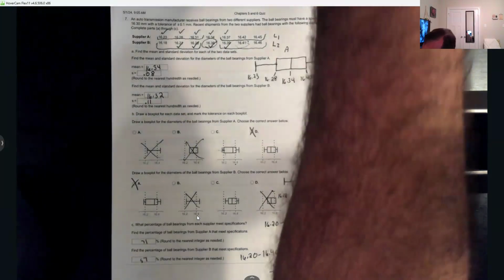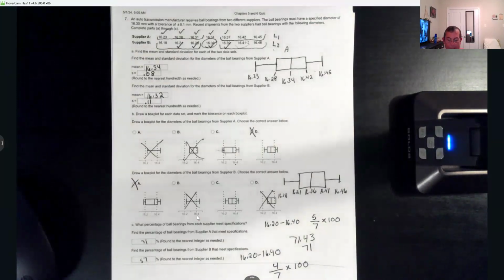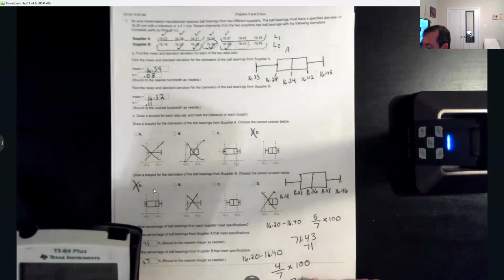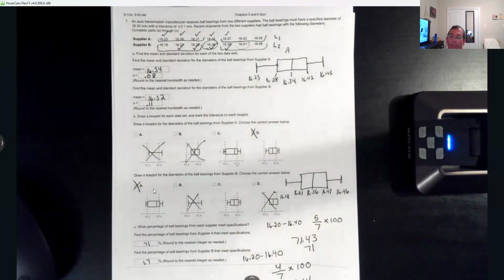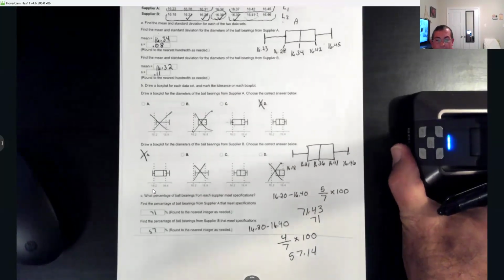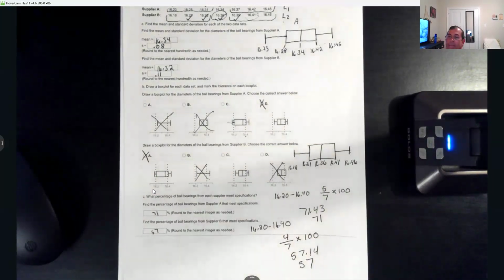All right, y'all. So doing that one, let's see what we get. 4 divided by 7. That's going to give me 0.57, blah, blah, times 100. I get 57.14, but rounding that to the nearest integer, I rounded that off to a 57.